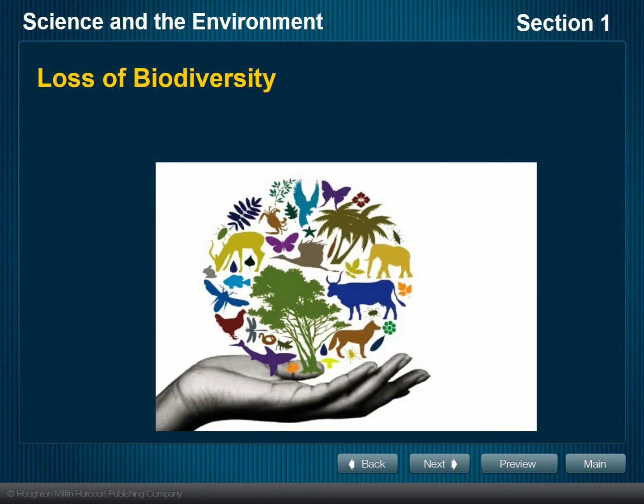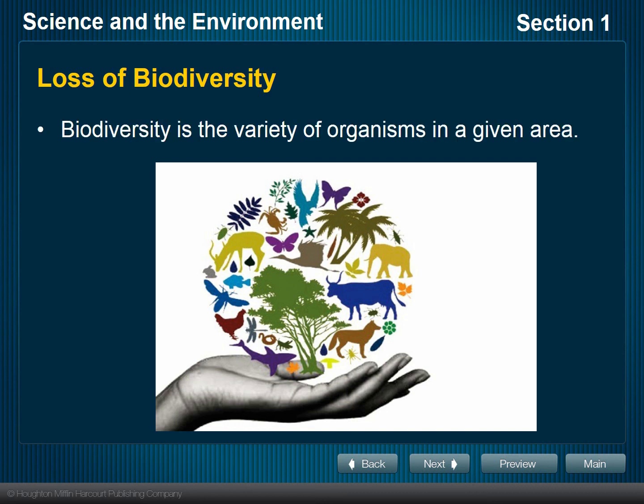The last major problem environmental scientists face is loss of biodiversity. Biodiversity is the variety of organisms in a given area. The organisms that share the world with us can be considered natural resources. We depend on them for food, the oxygen we breathe, and for many other things.